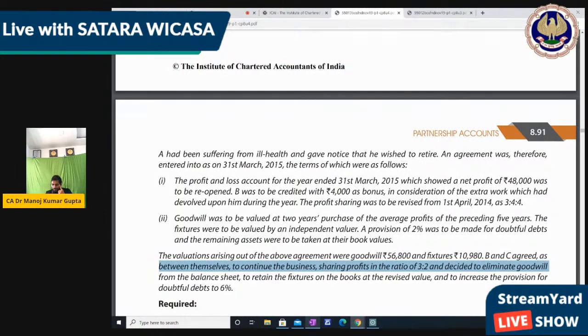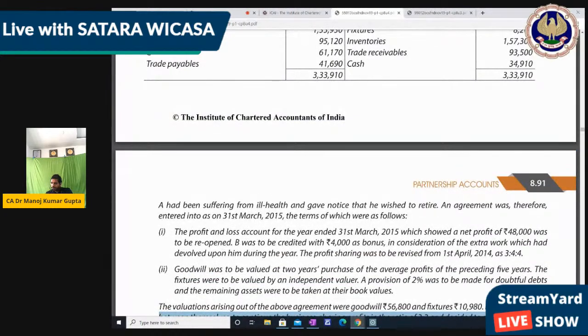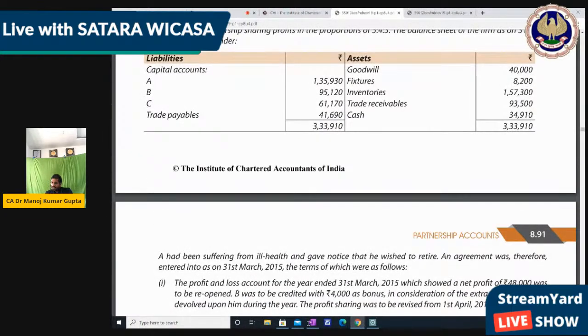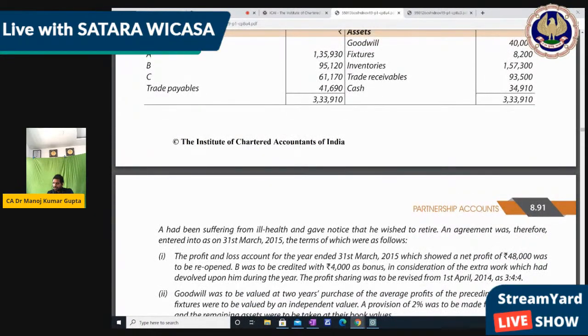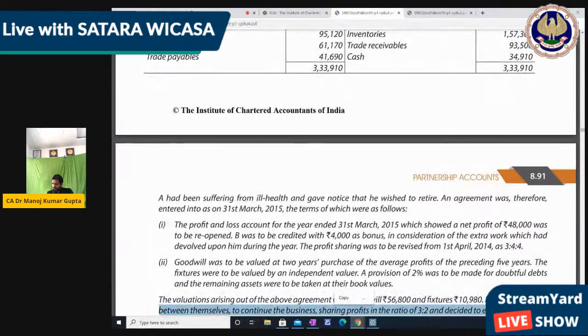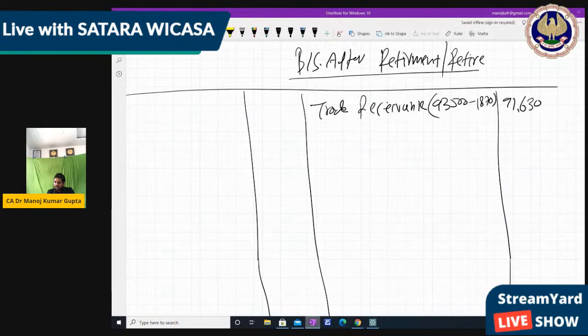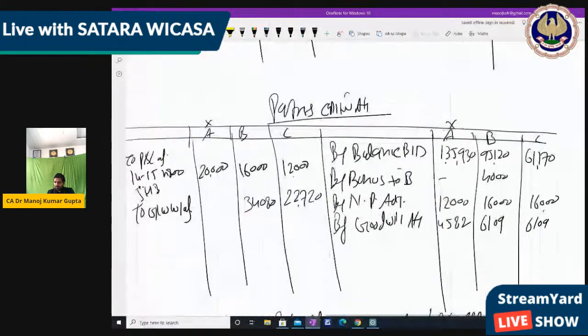The evaluation: fixtures 10,980. What is the exact value of these fixtures? 8,200. So its value is 10,980, right? So now the fixtures evaluation. So we come to the evaluation account.